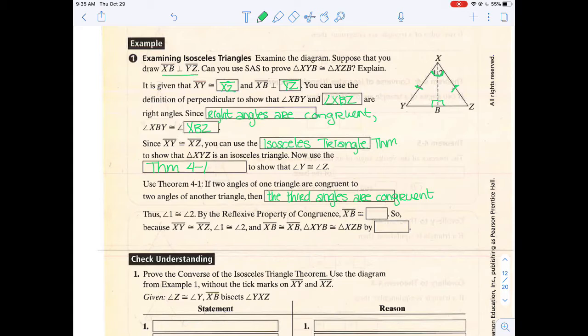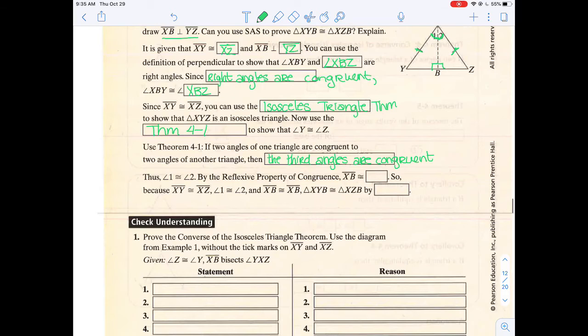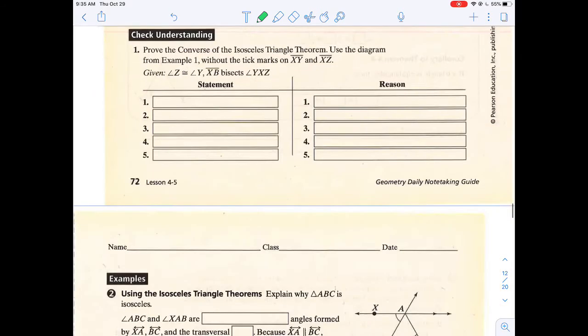Thus, angle 1 and angle 2 are congruent by the reflexive property, side XB is congruent to side XB. So, because YZ is congruent, angle 1 is congruent to angle 2, and XB is congruent to XB, the triangles are congruent by the side angle side theorem.